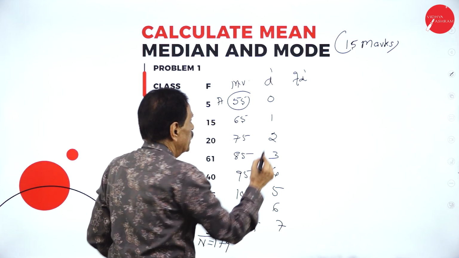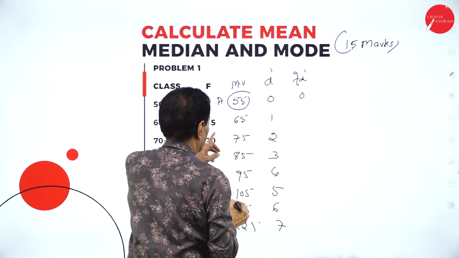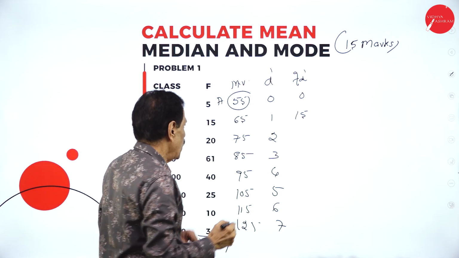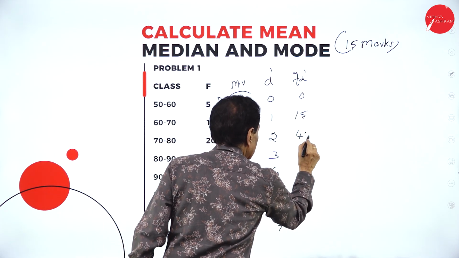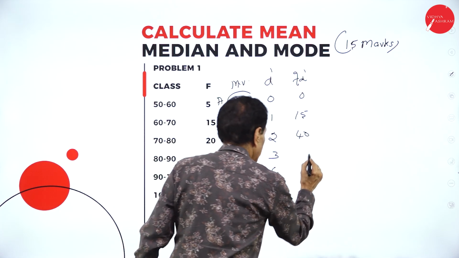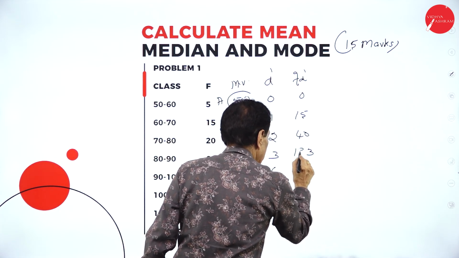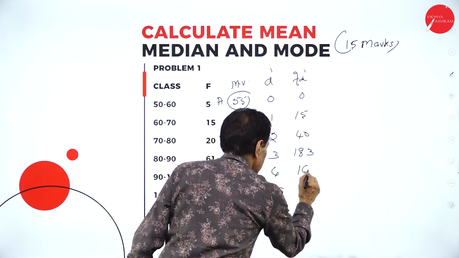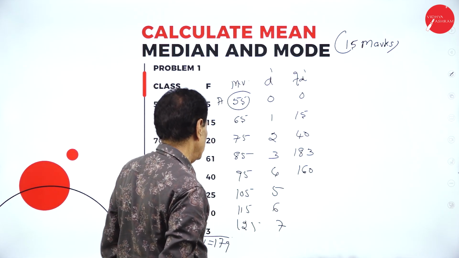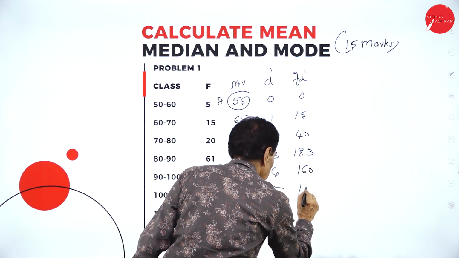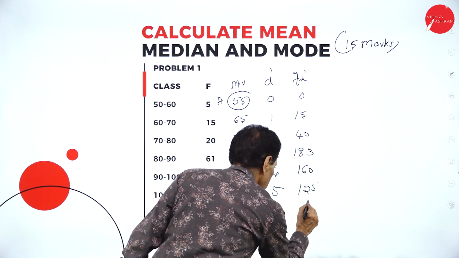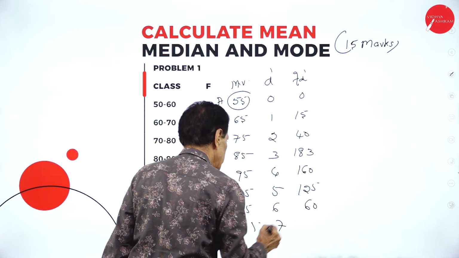So 5 into 0 is 0. 15 ones are 15. 20 twos are 40. 61 into 3, 3 ones are 3, 3 sixes are 18, that is 183. 40 into 4 is 160. 25 into 5 is 125. 10 sixes are 60. 3 sevens are 21.